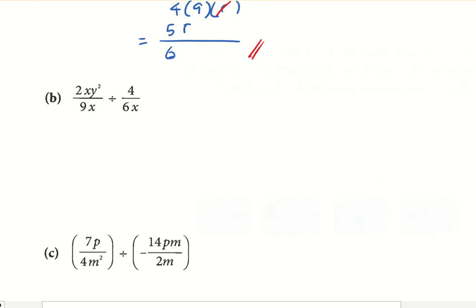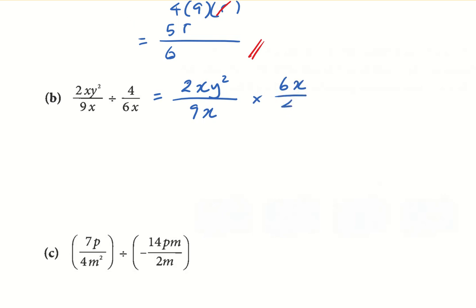Next question, similar concept, keep, change, and flip. So we end up with 2x y squared over 9x, change and flip, 6x over 4. Put the numbers together, 2, 6. So now we have x squared, y squared, over 9 times 4 with x. Okay, put the numbers in our calculator.